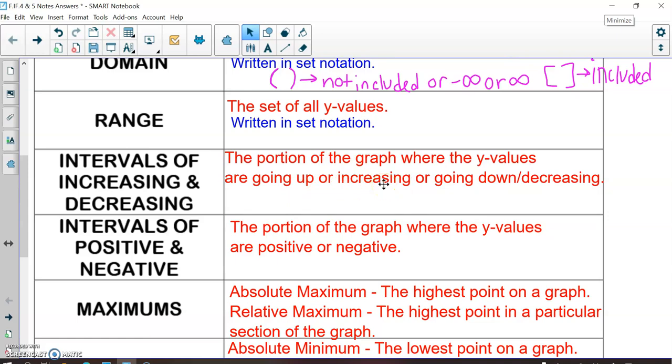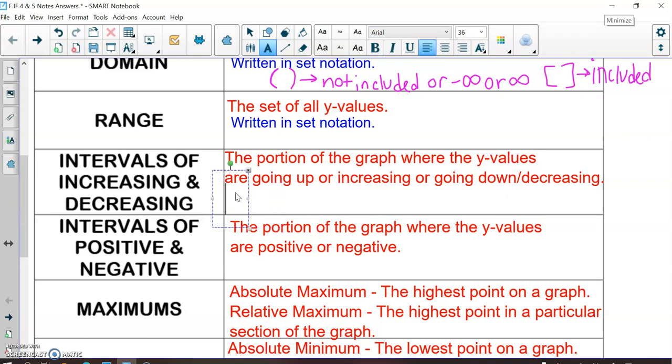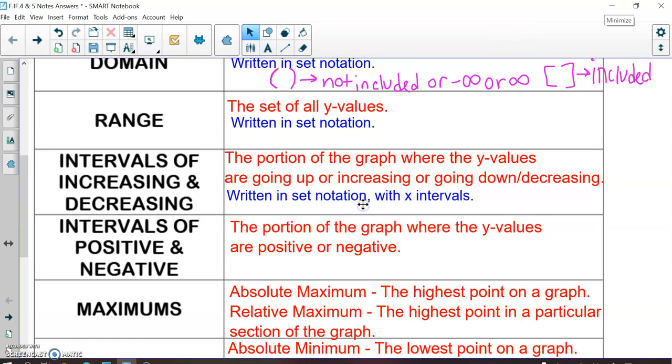Intervals of decreasing are when your y values are going down. And what we are really focused on, because we're going to write this in set notation as well, is that we are only going to write the x intervals of when the y values are increasing or decreasing.